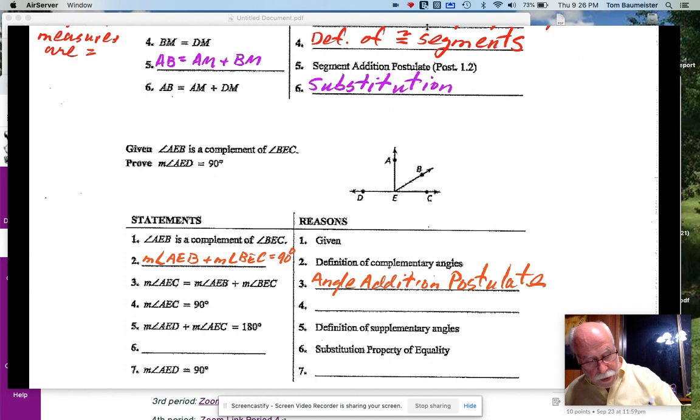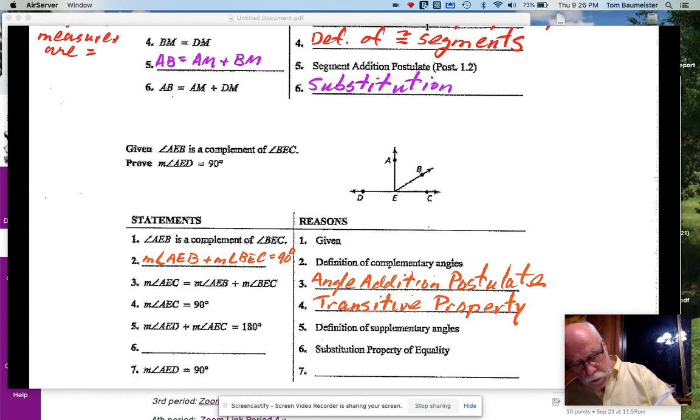We should know this by now. Transitive. Very good. That's about all we can do there. So we have to keep looking.